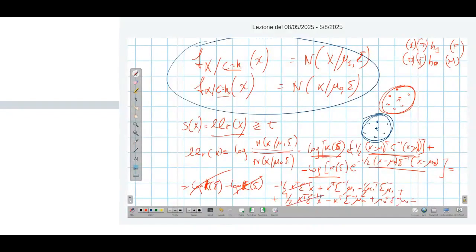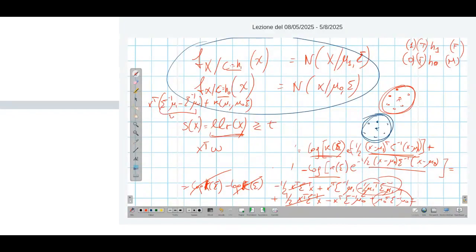These two simplify. What I have is x transpose times sigma inverse mu1 minus sigma inverse mu0, plus these two terms, plus a function of mu1, mu0, and sigma. So overall, my log-likelihood ratio looks like what? I have x transpose some term, let's call this w, plus, let's call this b, which is compared with t.